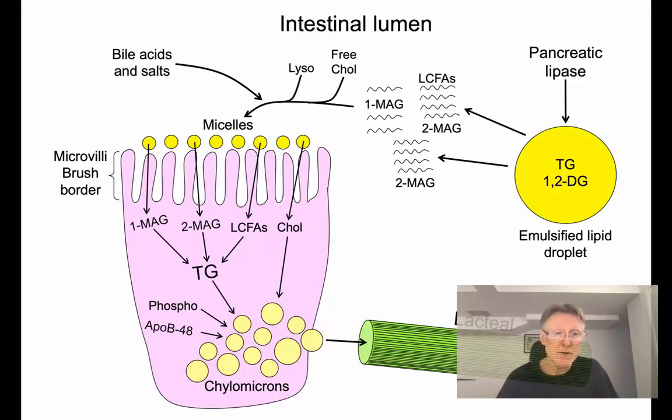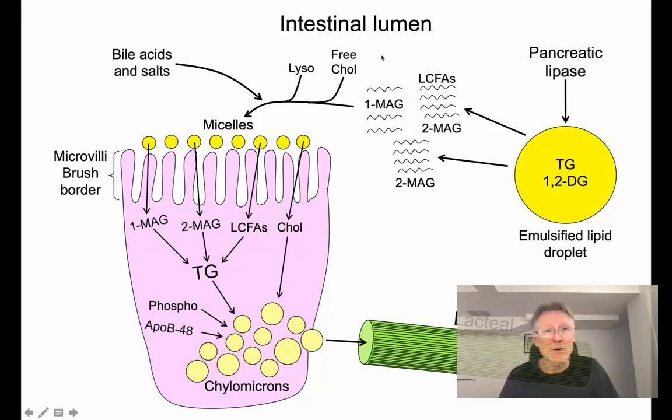Again, we have here the brush border that is made up by the microvilli. This is depicted on the top of the cell, the apical portion of the enterocyte. And you can see here that we have the intestinal lumen. This is the place where all the chyme is being digested.